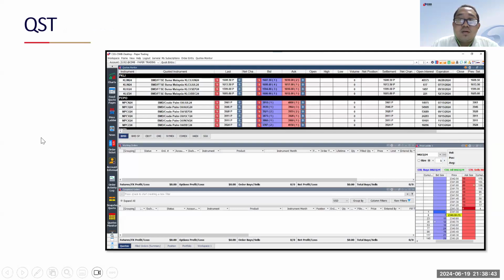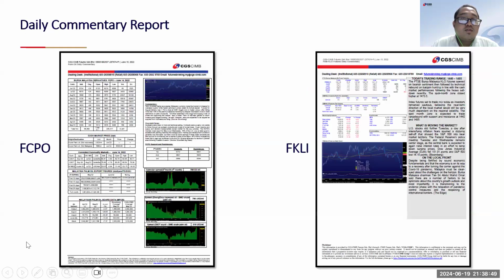So this is the example of the QST. We also have the daily commentary report for the 2 most traded products for the Bursa, which is the FCPO and FKLI.